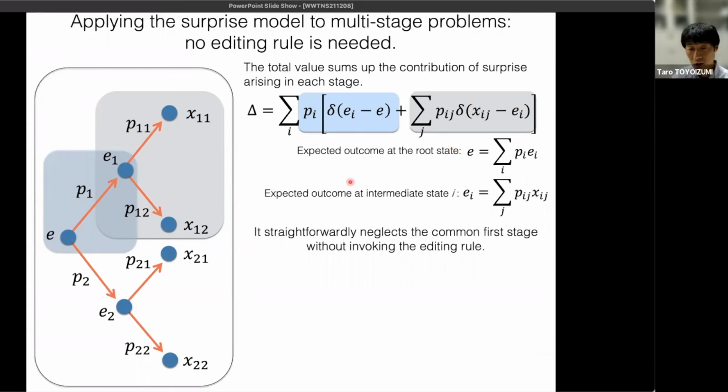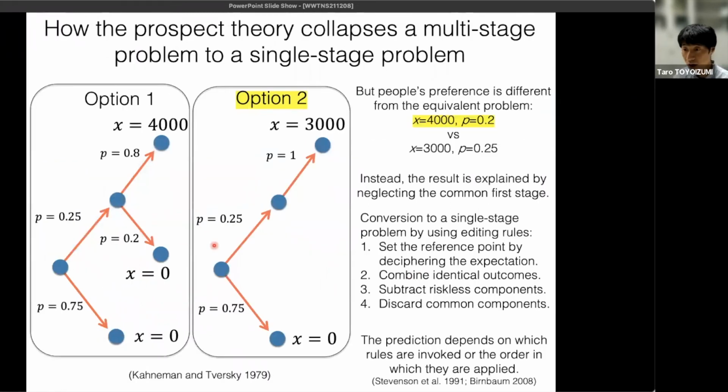If we assume this, it straightforwardly neglects the common first stage, because if two options have the same common first stage, this term is the same for both options, and the choice is determined based on this part, the surprise from the second transition. And because of that, the model can straightforwardly explain the two-stage problem that I introduced in the previous slide.